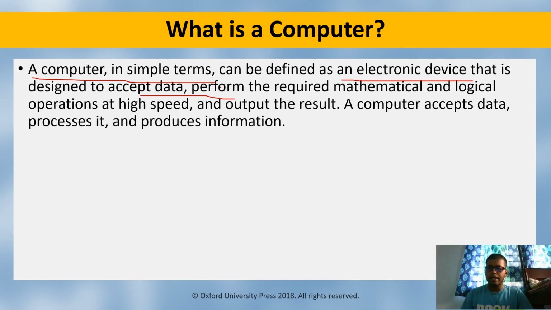So a computer accepts data, processes it, and produces information. We have some data, some objective or problem, through which the data needs to be processed, and after processing there must be some result given by the computer. This is done by the electronic device known as the computer.